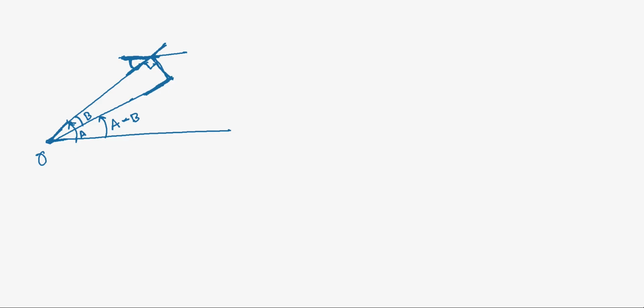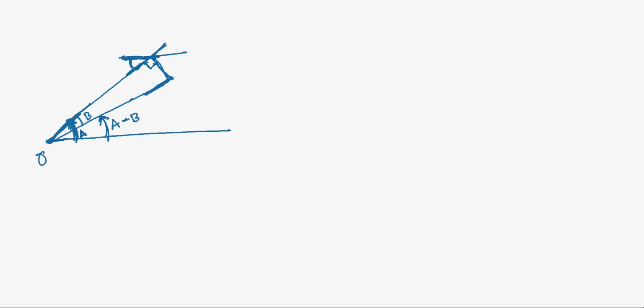The angle is what? 90 minus A plus B. A plus B is here. Where is the A plus B here? This whole angle is A.